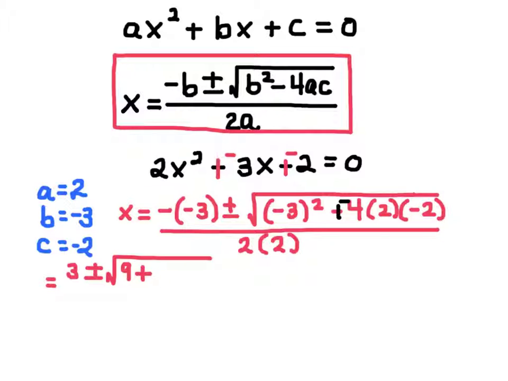I have two negatives, which make it positive. So this is 16. And then in the denominator, I have 2 times 2, which is 4.